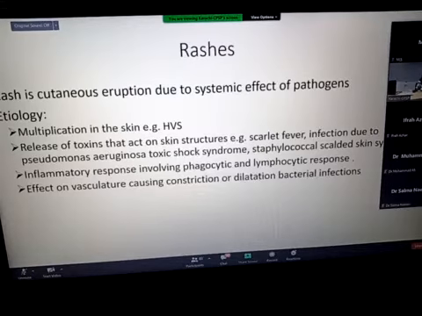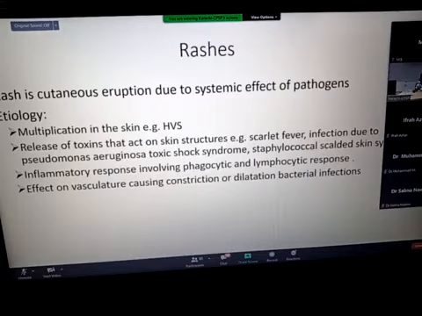So the toxins can cause diseases like scarlet fever, infections due to Pseudomonas aeruginosa, toxic shock syndrome, and staphylococcal scalded skin syndrome. So there is a difference among these. In one, the organisms are multiplying and along with that, they are producing toxins, and basically the toxins are the cause of manifestations.